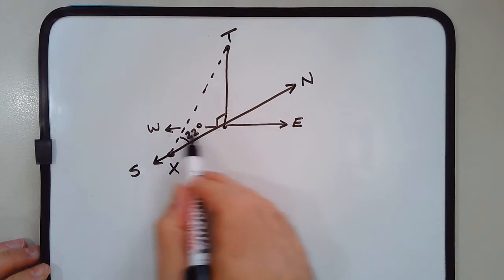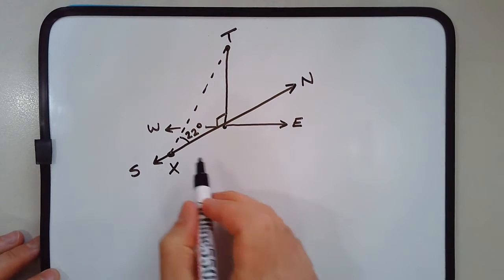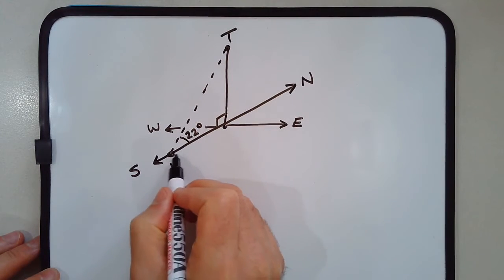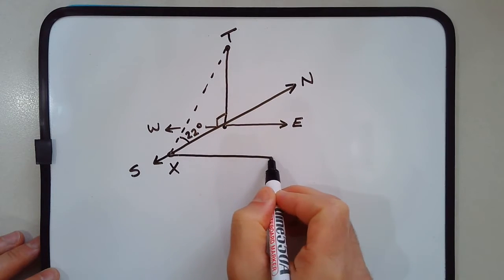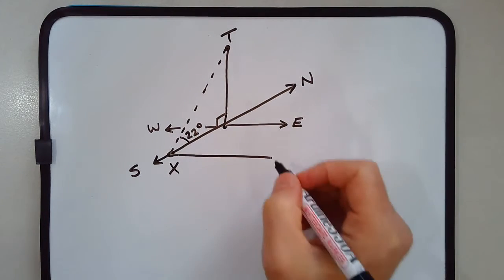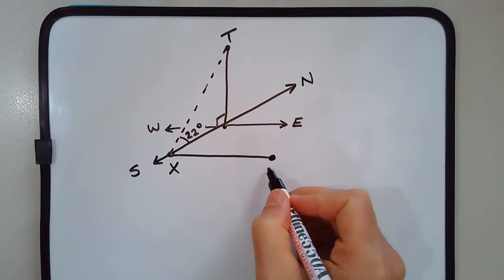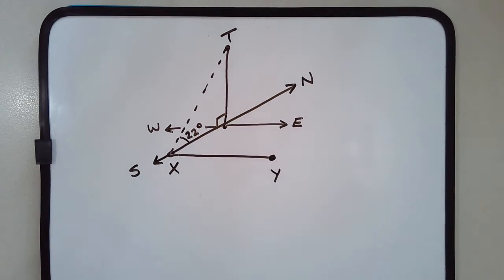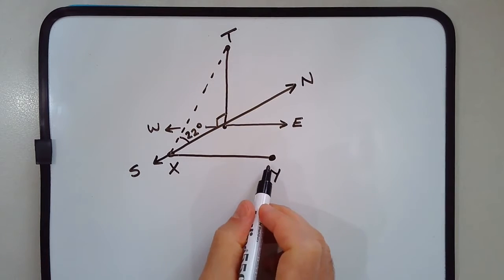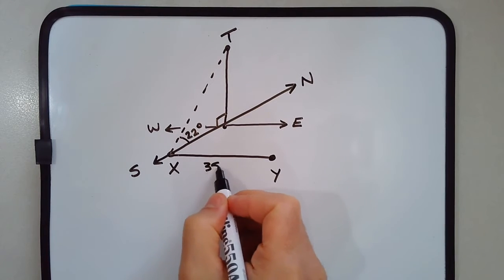So it's parallel to this east-west line there. So let's draw that out. And there's our point Y. Point Y is 350 meters away from X.